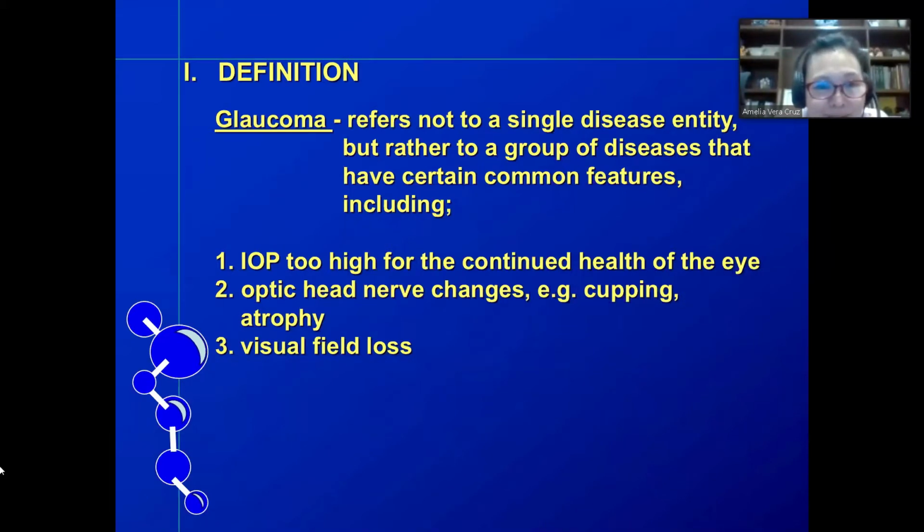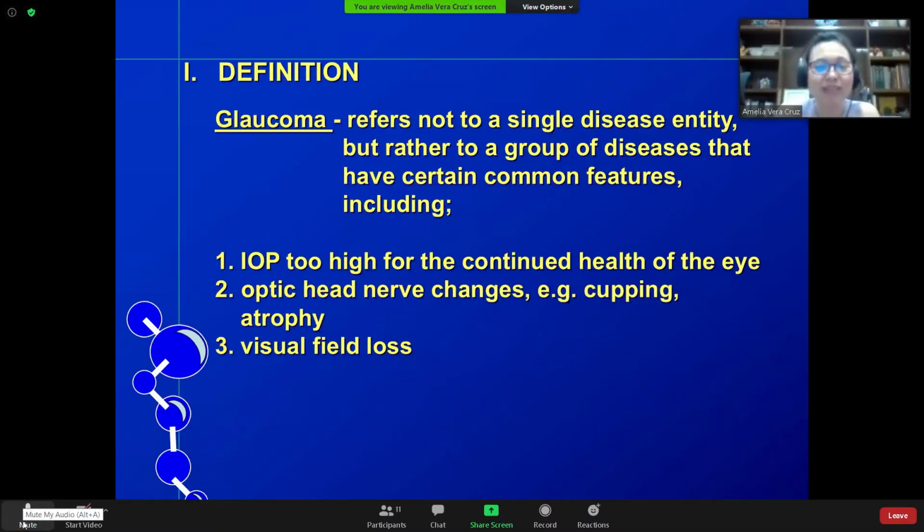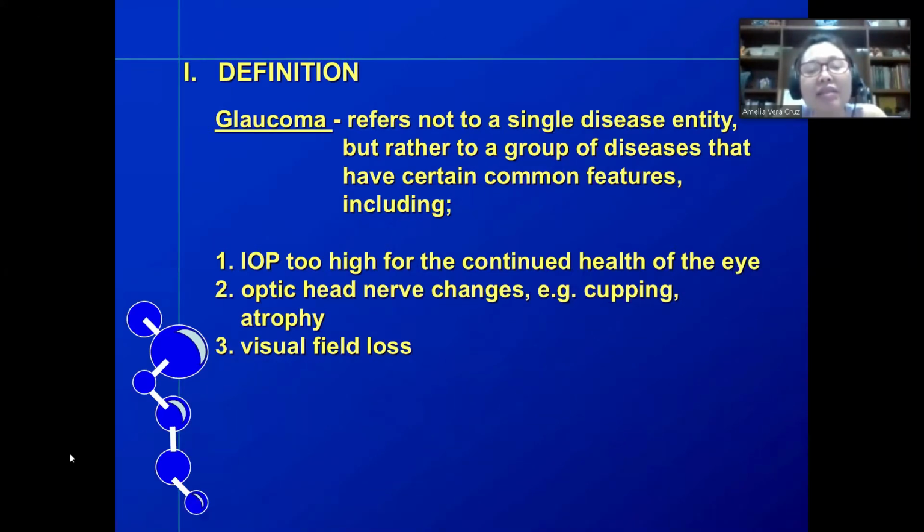Basta, in that particular eye, the IOP is high for the optic nerve. Then optic nerve head changes, you have your cupping or atrophy, and visual field loss. Yung tatlong yan: the IOP, the optic nerve head changes, and the visual field loss. Yan ang parati dapat sa glaucoma.